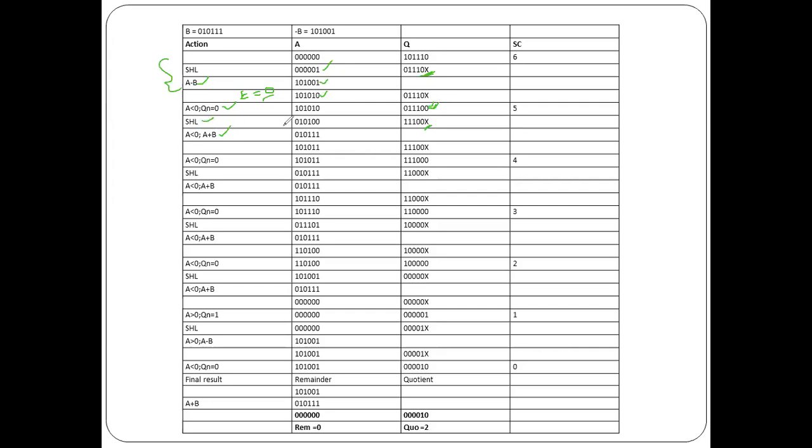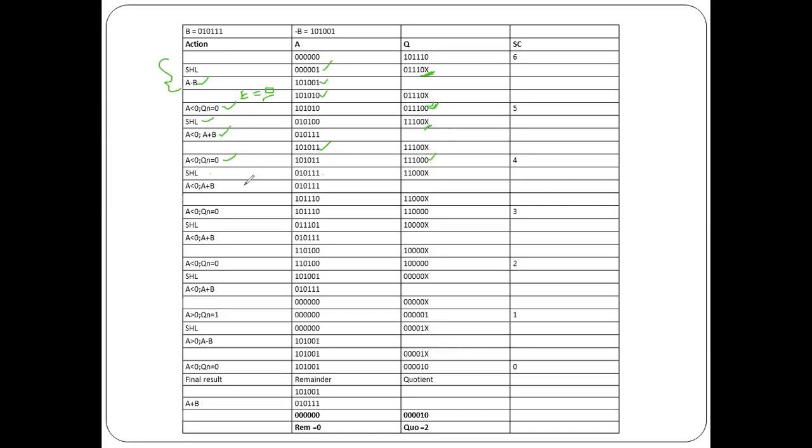After that, shift left. Since the previous value of Qn is 0, I am adding B, so that I got this value. Previous value of Qn is 0, hence I have added B. So here again, if my result is A less than 0, I am making my Qn 0.